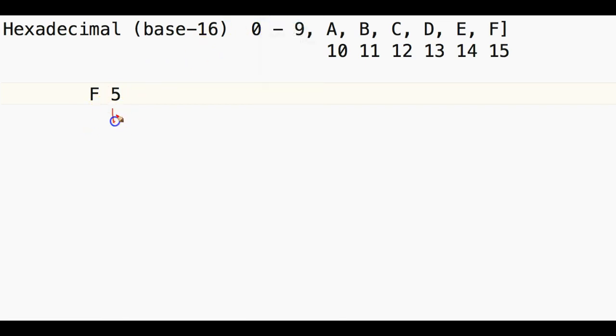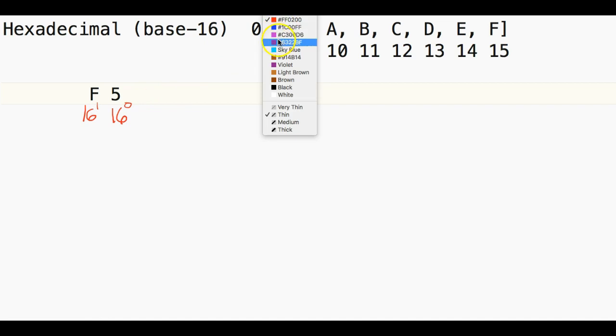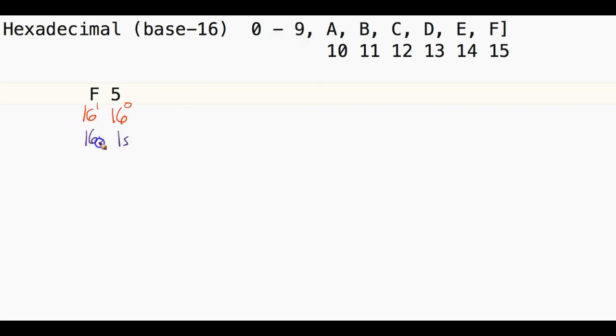We have 16 as the base, so the rightmost is the 0 power. So 16 to the 0, and when you go left, you increase from there. So this is 16 to the 1. So what we have here, we have the ones place and a 16s place. And if we kept going, we would have a 256 place. And keep going, 16 to the 3rd, 16 to the 4th.